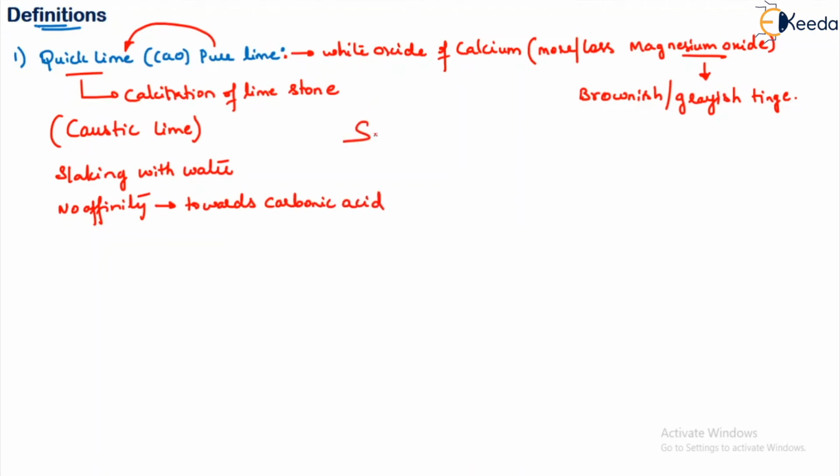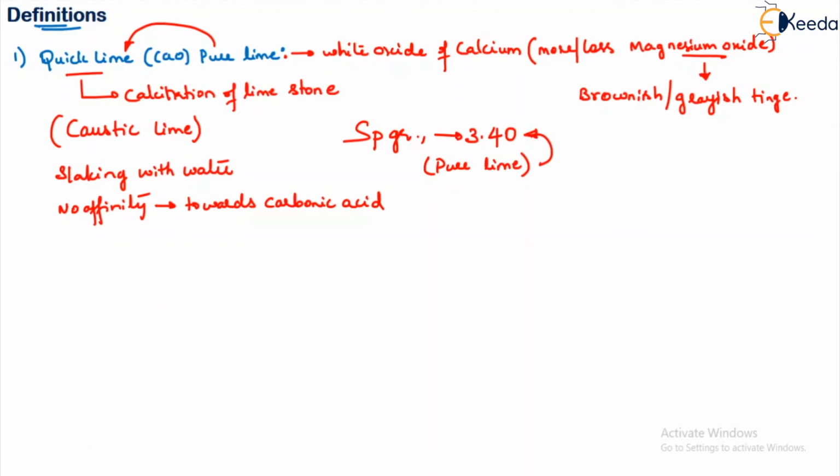So the specific gravity of the quick lime is generally in the range of 4.0. For any purest form of lime, the specific gravity is in the range of 3.4. For all the purest limes, whatever we have, this is the range of the specific gravity.